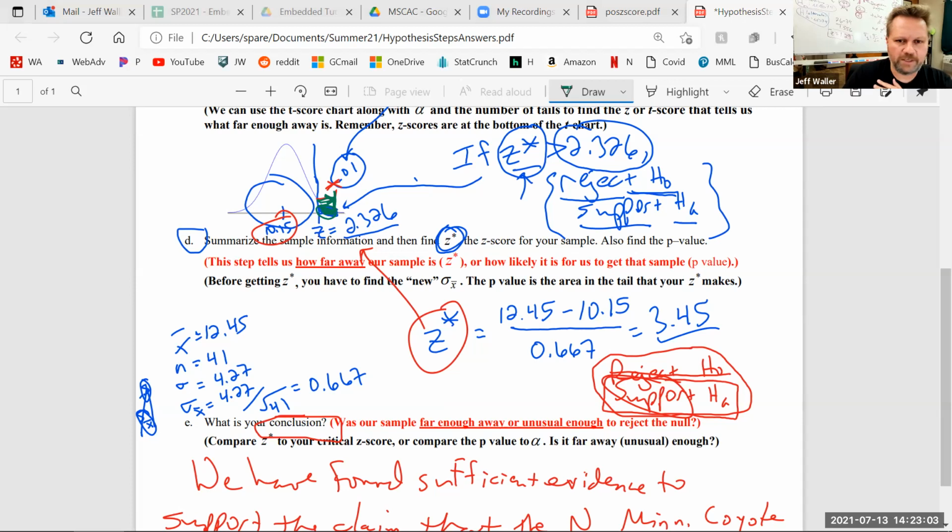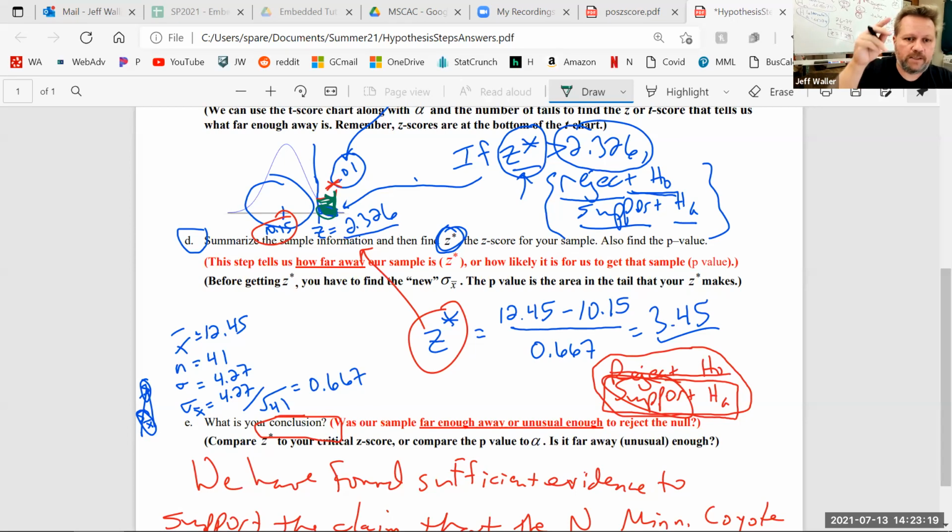Therefore, hold on, we're getting there, Billy. Therefore, the probability that a sample would show up where we found it is going to be even smaller than 1%.